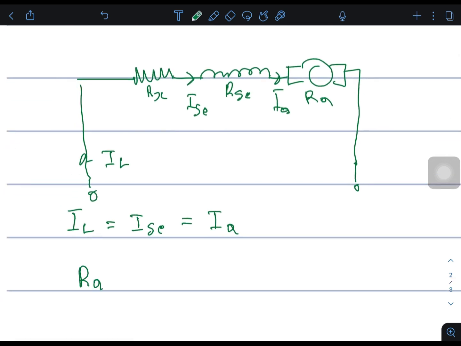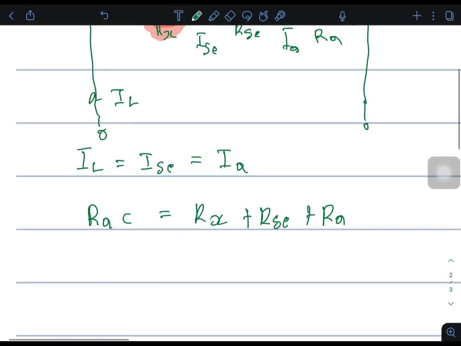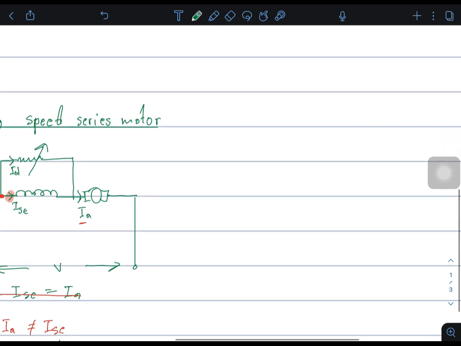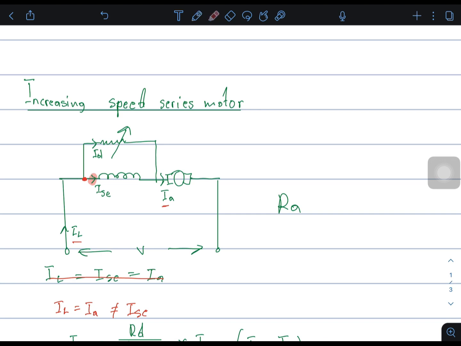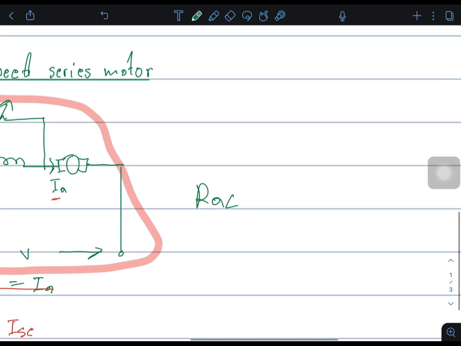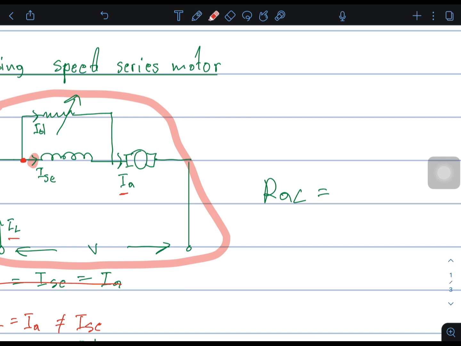What will RAC be now? It will be RX, because remember this resistor is connected in series with all of this, so now it's part of the armature circuit, plus R series plus R armature, because remember we use RAC when we want the back EMF. Okay, please come back, I forgot this on this side. RAC in the case of increasing the speed of a DC series motor is equals to, remember we have a parallel circuit that is in series with the armature.